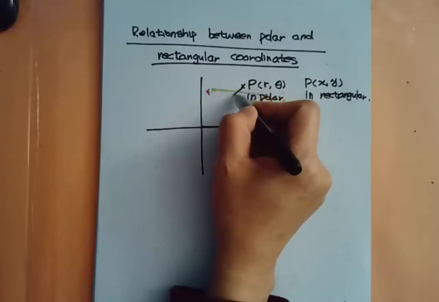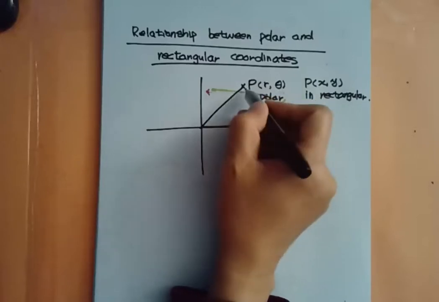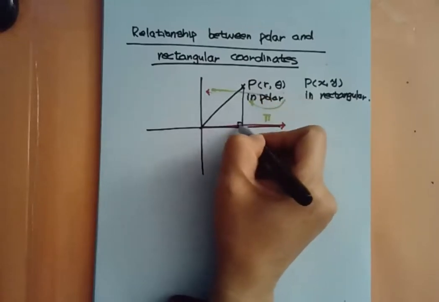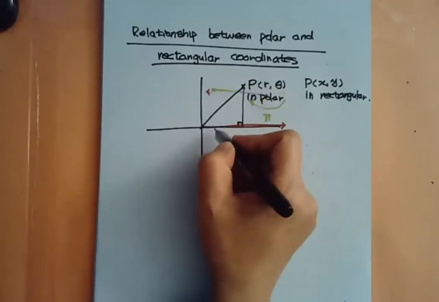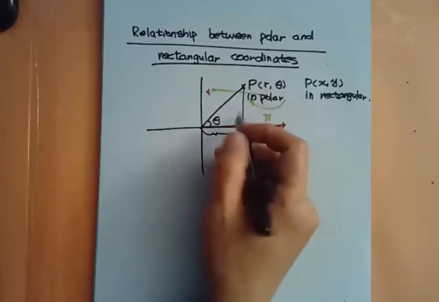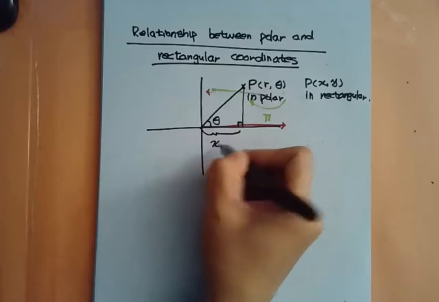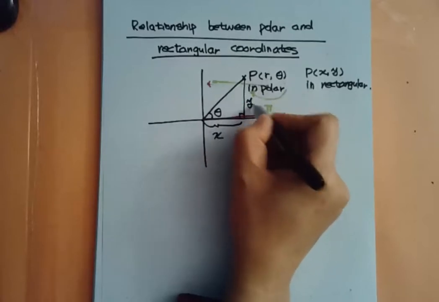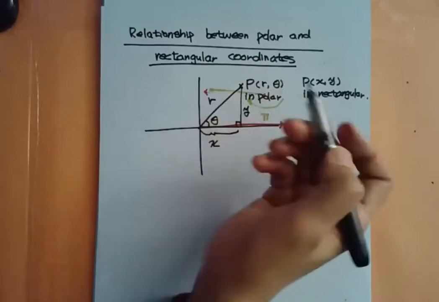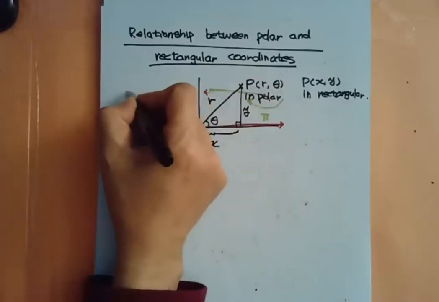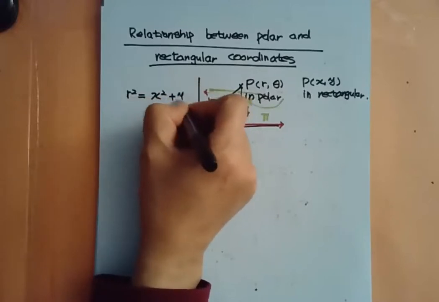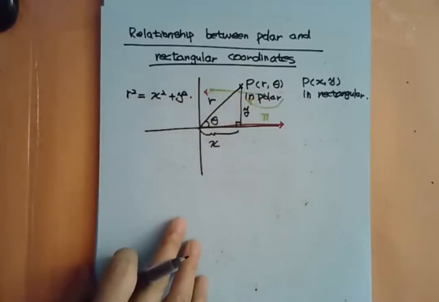To do that, we think about the Pythagorean formula, and we draw the right triangle here. This is theta. This horizontal leg is x and this vertical leg is y. And let's say hypotenuse is r. Then r squared equals x squared plus y squared because of the Pythagorean formula.